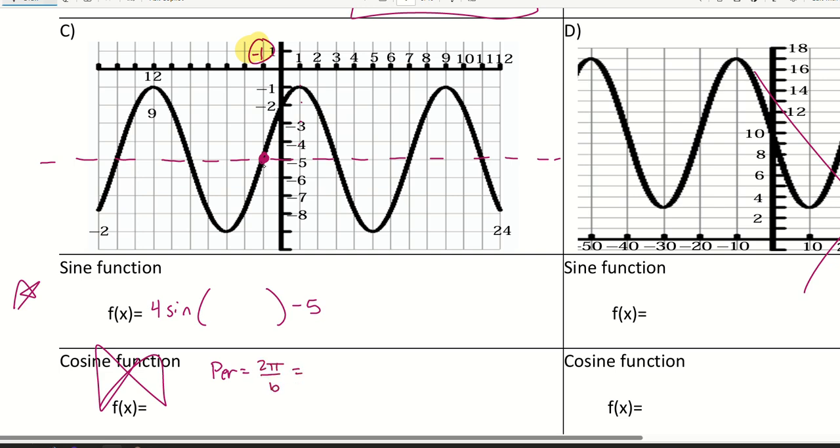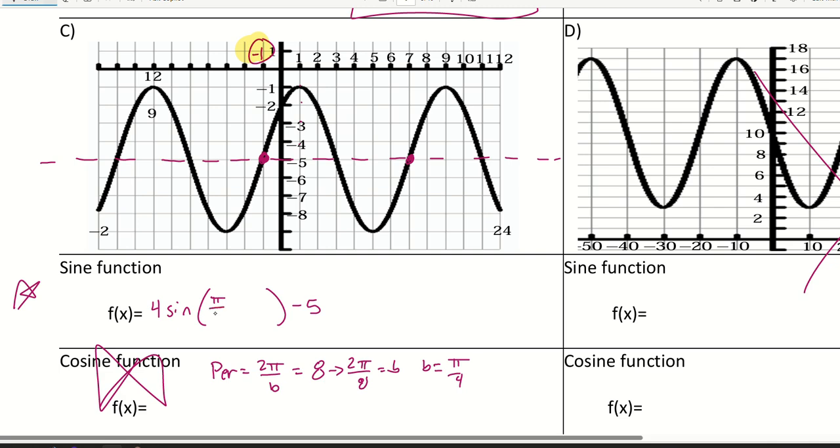Well, I can see that my period, the time it takes for me to repeat, would be a distance of 8. So if I were to solve for b, I would cross multiply. I'd get 2 pi over 8 equals b, which simplifies to b equals pi over 4.